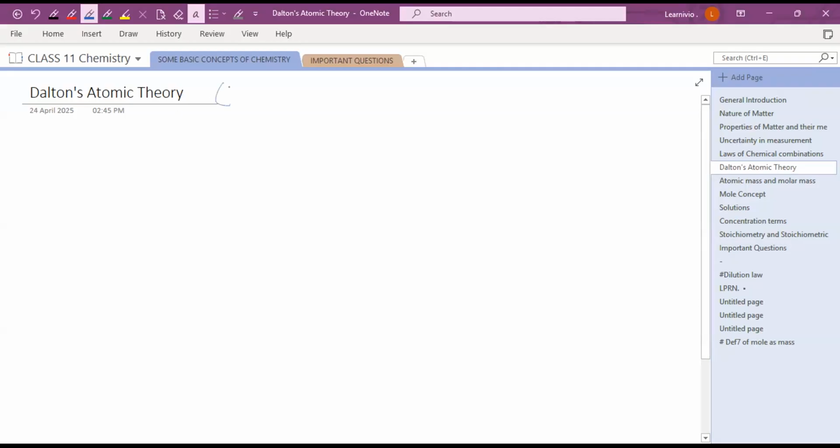And in which year did he propose it? In 1808. Dalton's atomic theory was proposed by Dalton in 1808.